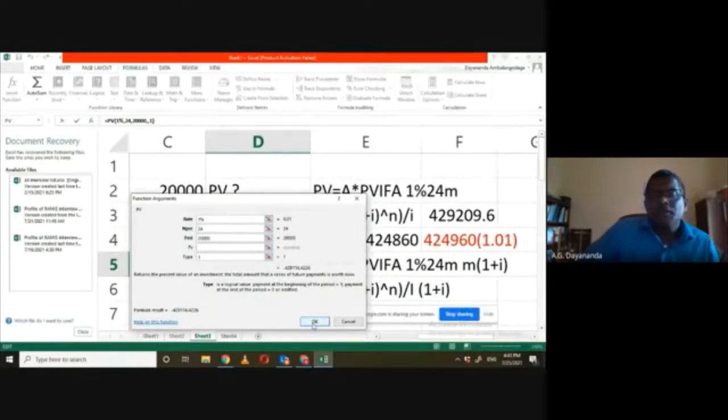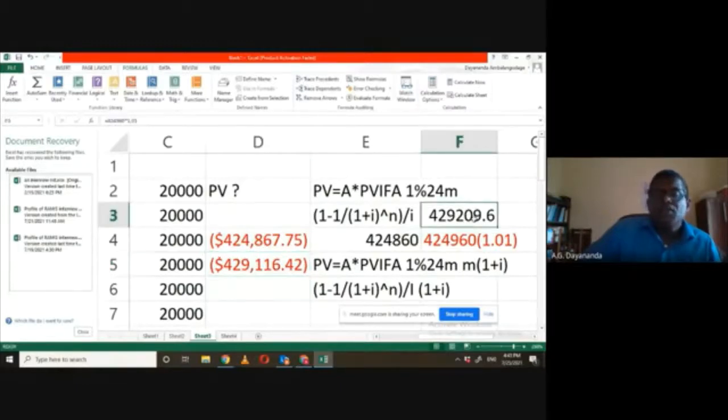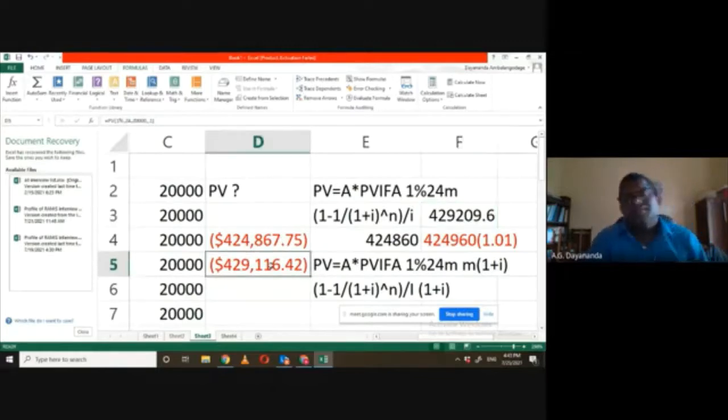The present value is so much, 429,116 here. So there may be a little difference, but that's how you get the answer. Is it clear?